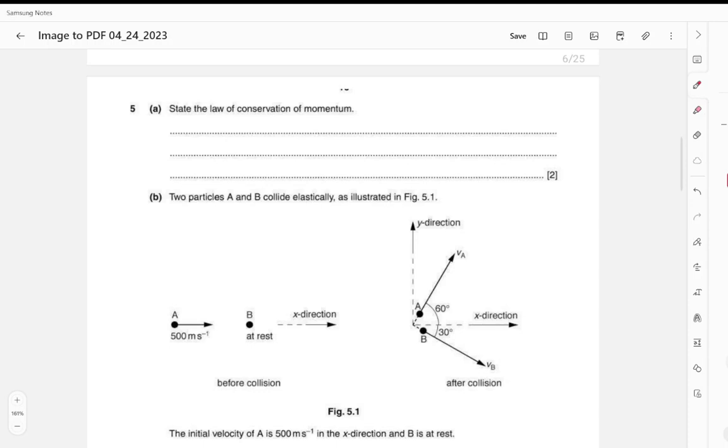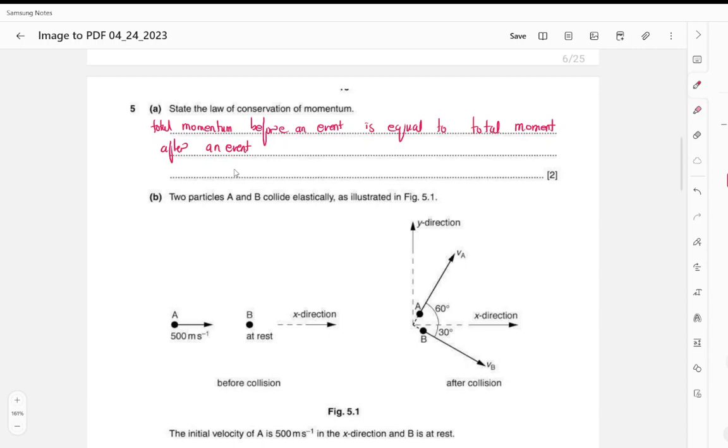Okay, guys. So, state the law of conservation of momentum. Total momentum before an event is equal to total momentum after an event.